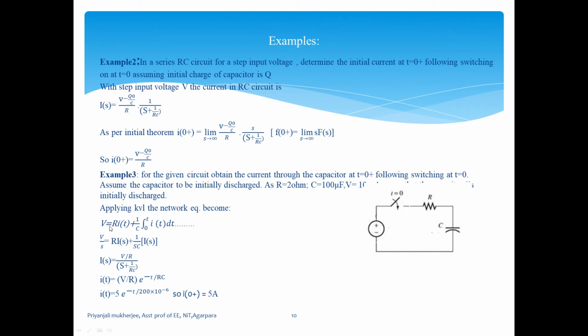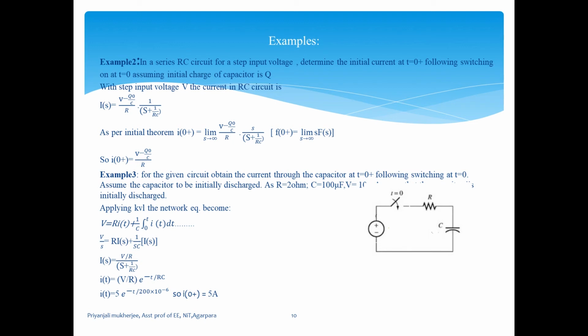If we apply KVL, the network equation becomes V equal to R i(t) plus 1 by C integral of i(t) dt. Applying the Laplace transform, we get V by S equal to (R plus 1 by SC) into I(s).